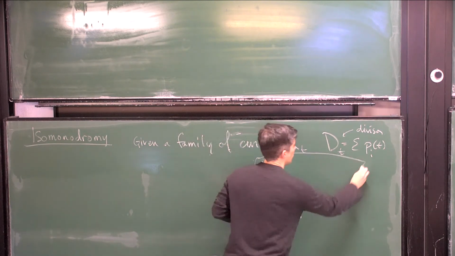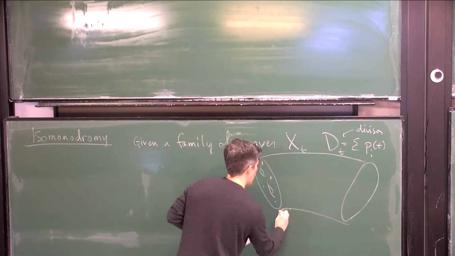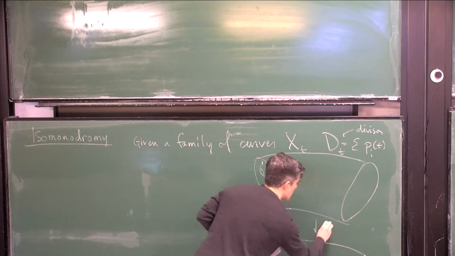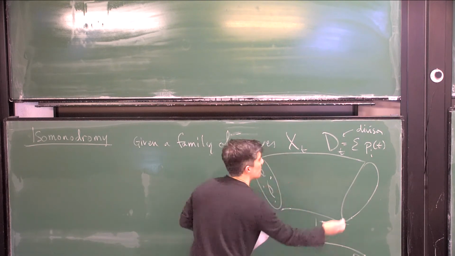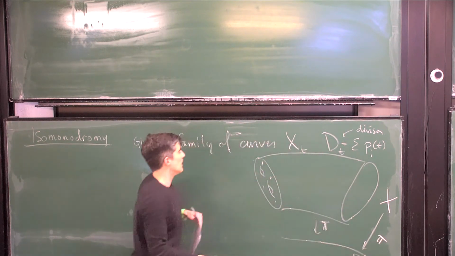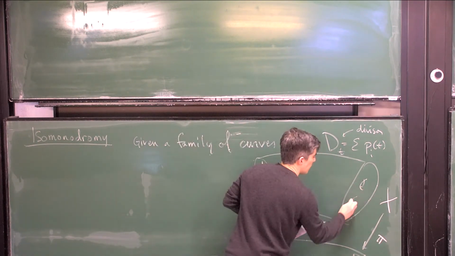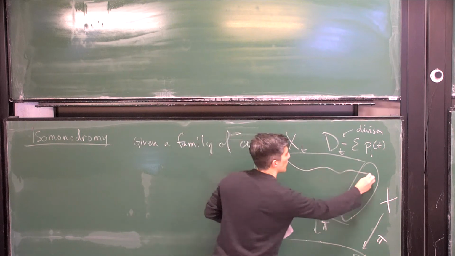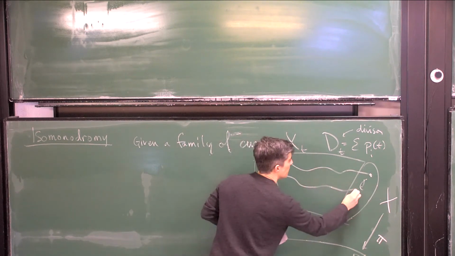And imagine that we have a family of these curves over some base. Let's say this is pi, this is the base S, this is the total space X. And the divisor also is a family of these divisors.